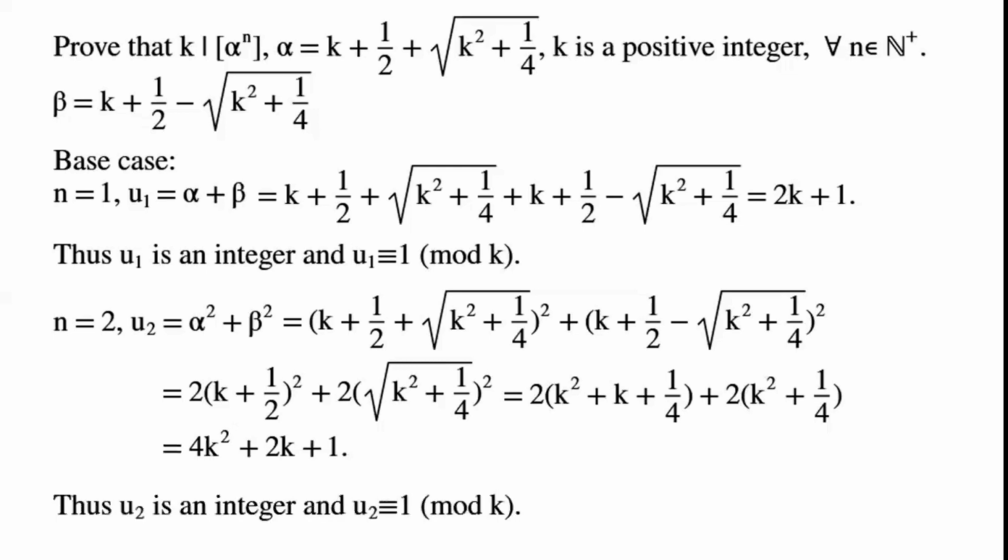Thus, u2 is an integer and u2 is congruent to 1 mod k.